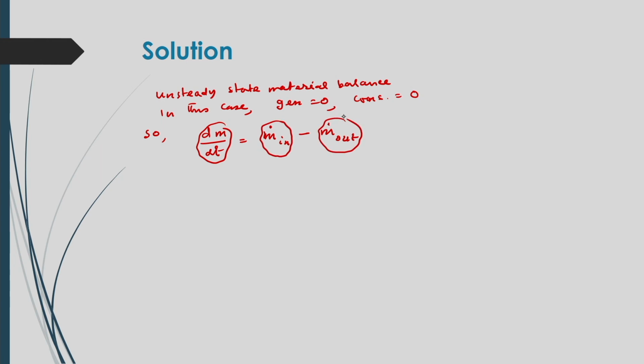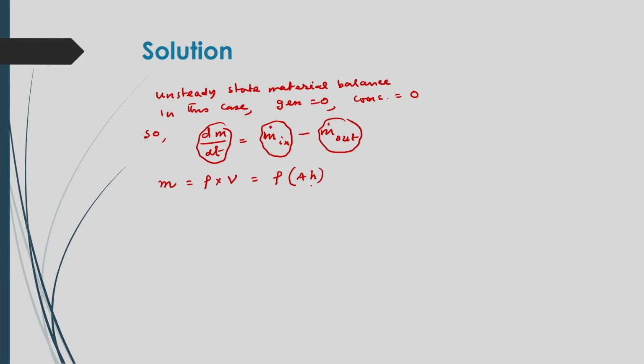Now, according to this material balance, what we can write here, first of all, what is m here? m is nothing but density into volume. So, it is basically rho into volume, and volume is what? Cross sectional area into height of the liquid.